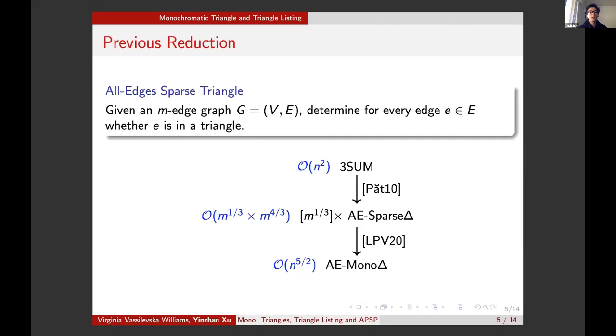In that problem, we are given an n-node graph G, and we need to determine for every edge e in the graph whether e is in a triangle. Notably, in this graph, the edges do not have colors. The previous reduction first reduces 3SUM to multiple instances of all-edges sparse triangle, and then packs all these instances together into one single all-edges monochromatic triangle instance.